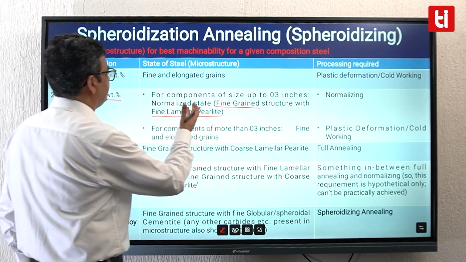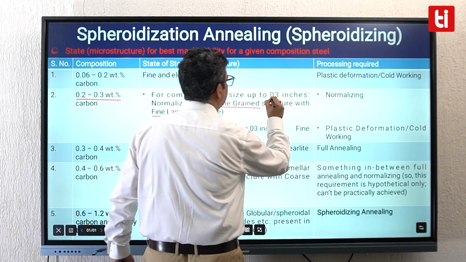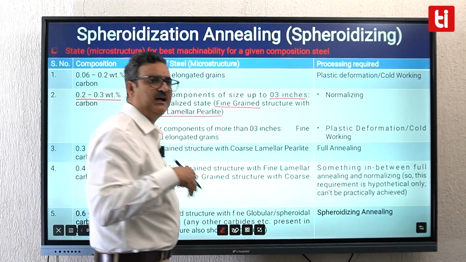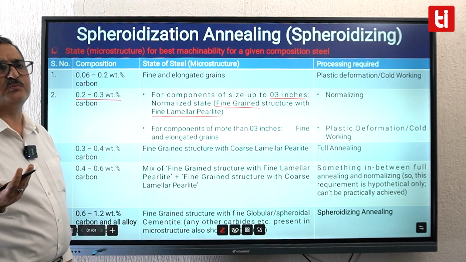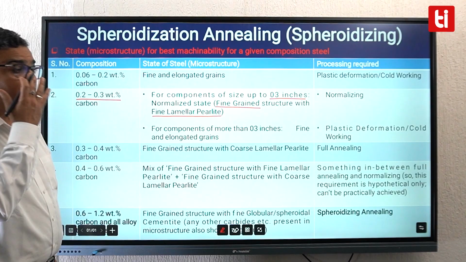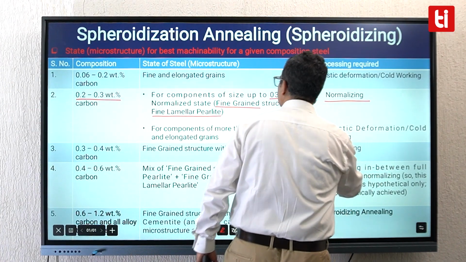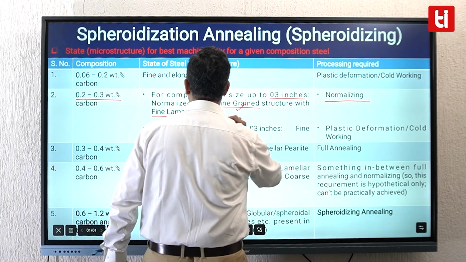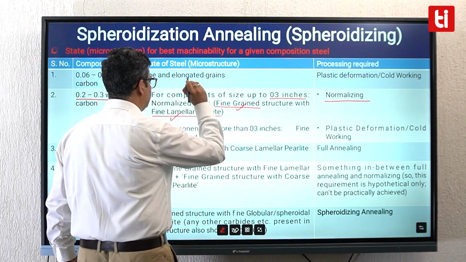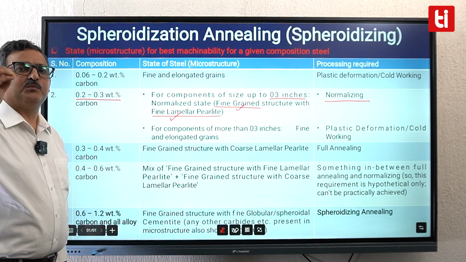But if the size of the component is small and is only up to 3 inches in diameter, say if we are talking about a component with circular cross section, so for small sized components, give normalizing heat treatment, you will get this type of a structure, fine grains, pearlite with fine lamellar spacing, machinability would become excellent.